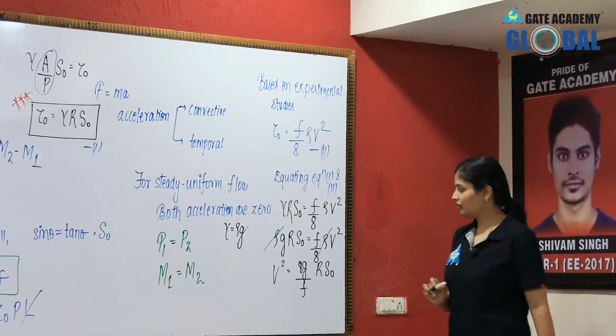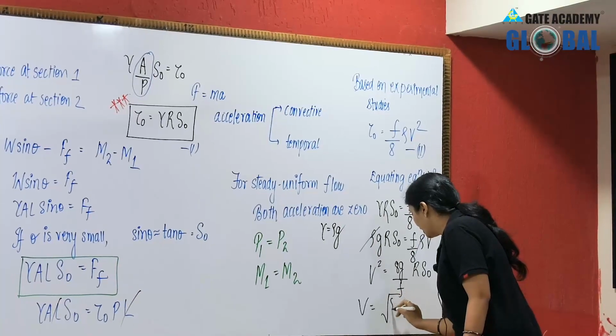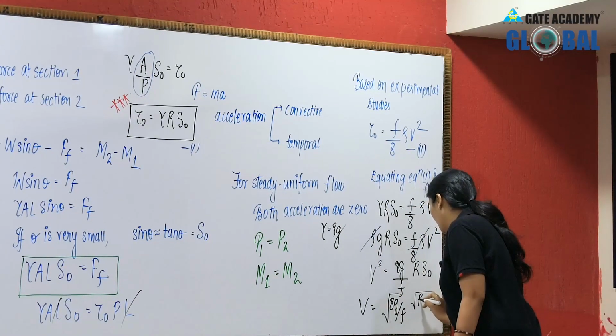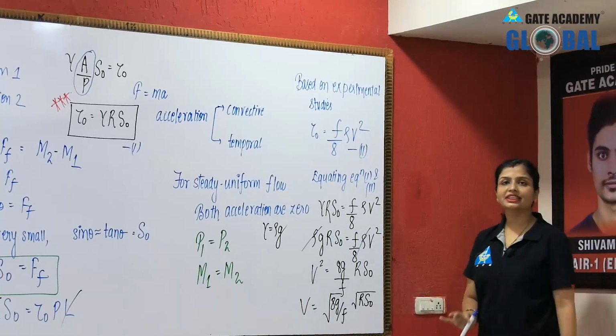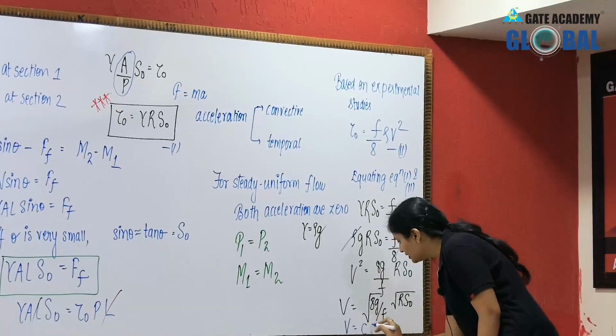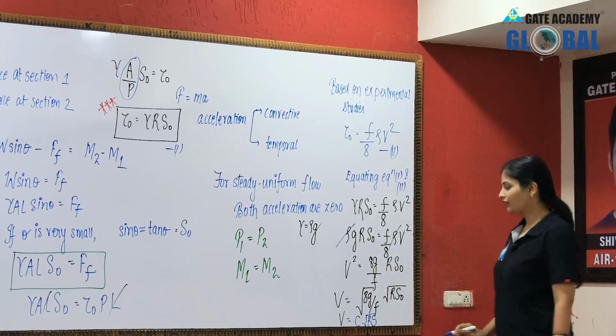Now I want to get the velocity, so I will remove this square: under root 8g by f, root over R S naught. Now you will get the Chezy's coefficient, that is V is equal to C root over R S. Fine.